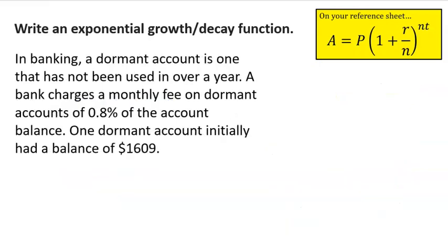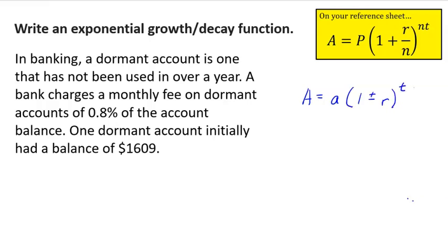Let's do another one. So write an exponential growth and decay function. And so same thing, we're going to have, let's see, they're talking about an account balance. So let's say whatever's in our account, and then our initial amount A times 1 plus or minus the rate, and then raised to the number of years.